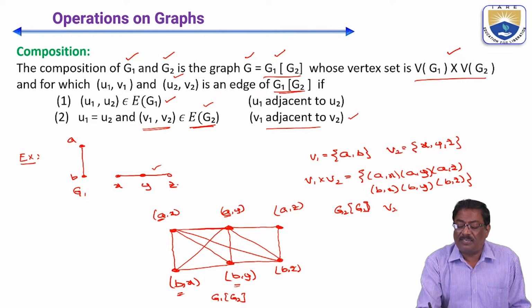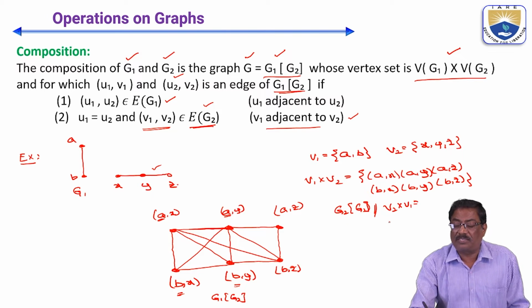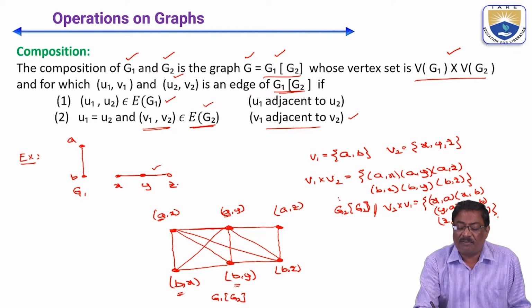So the vertex set is V2 cross V1, which is equal to X comma A, then X comma B, then Y comma A, then Y comma B, then Z comma A, Z comma B. These are the vertices in G2, V2 cross V1. Now I am going to construct a graph for this. So it is only G1 of G2.